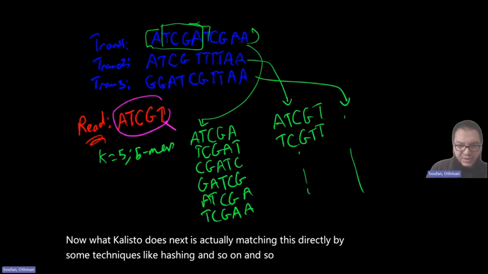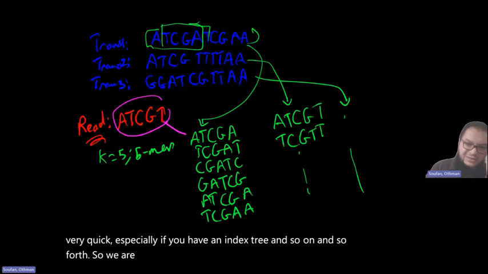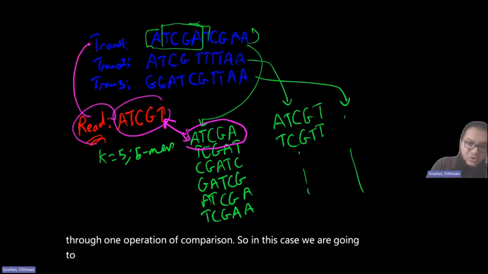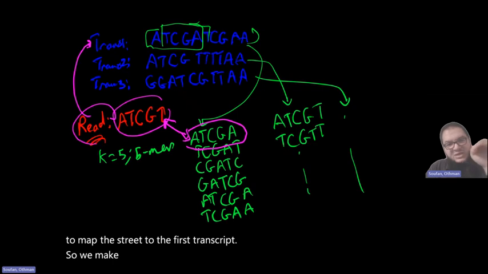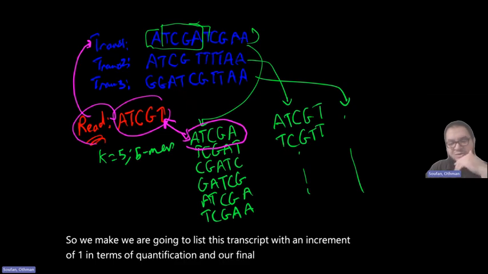It makes it very quick, especially if you have an index tree. So we are able to directly say that ATCGT is here, okay, through one operation of comparison. So in this case, we are going to map this read to the first transcript. So we are going to list this transcript with an increment of 1 in terms of quantification in our final table, and so on and so forth.